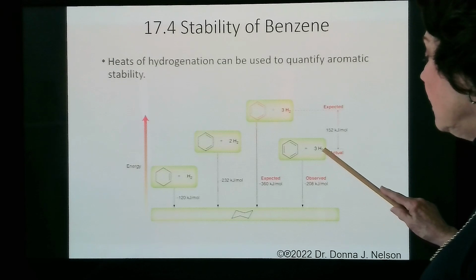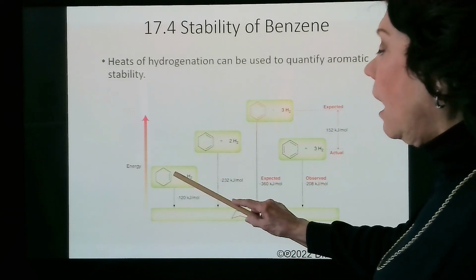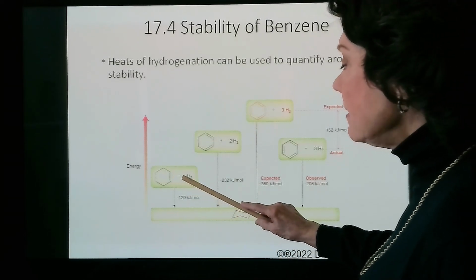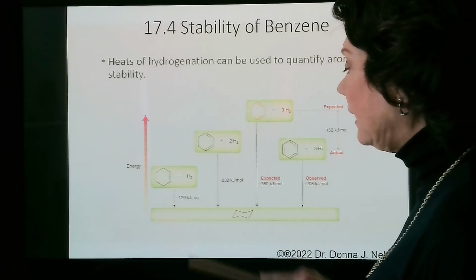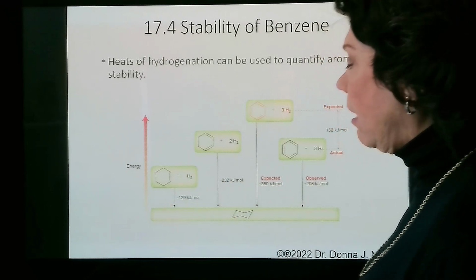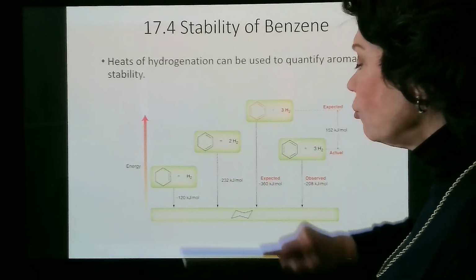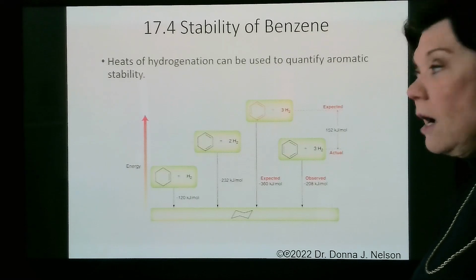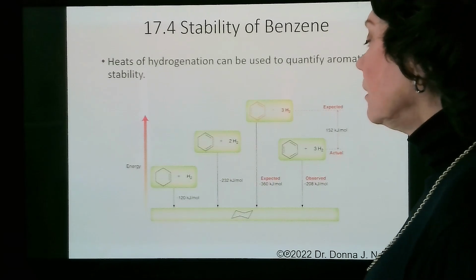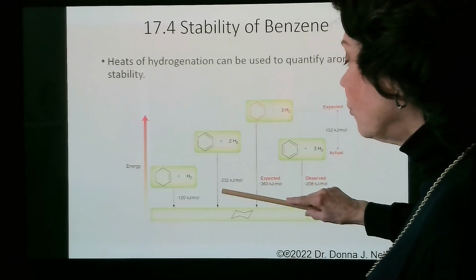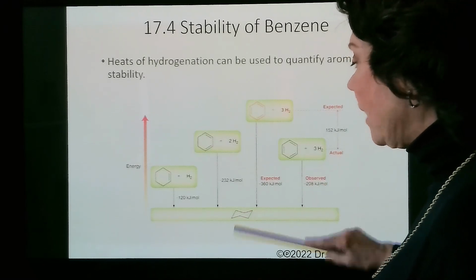This can be compared with cyclohexene, which can be hydrogenated to give the same product, cyclohexane. And so one double bond, which is an isolated double bond, gives off 120 kilojoules when it is hydrogenated. If you have two double bonds in conjugation with each other, 232 kilojoules are given off when this is hydrogenated to give the same product.